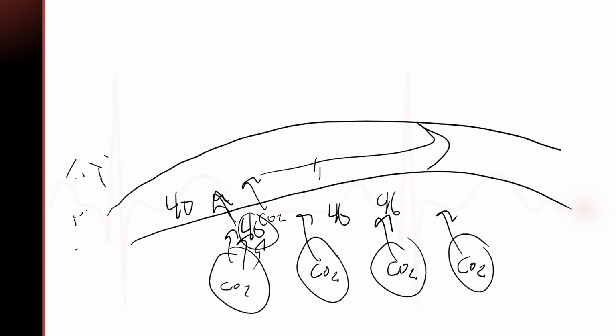So for the sake of making things easier, and for more or less for the sake of how things truly happen, you can just assume that the partial pressure of carbon dioxide within the interstitial fluid doesn't really decrease. It pretty much just stays at 46 at all times.